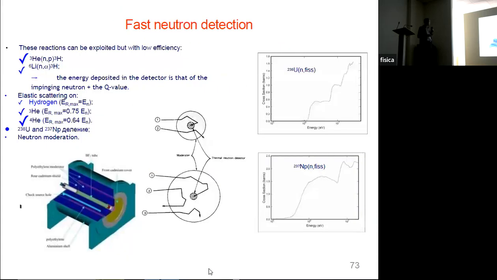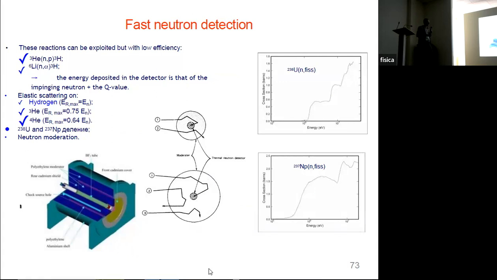And I think for today it will be my last slide. Here I would like to say that detecting fast neutrons is a more complicated task, because for thermal neutrons you have a solid value of cross section, you have a well-known material, a neutron interacts and gives you the signal.